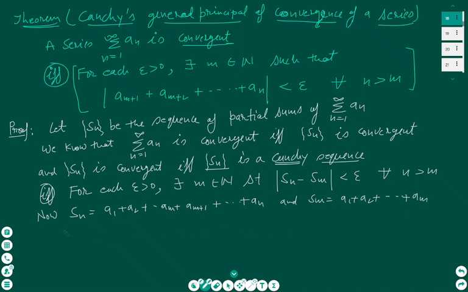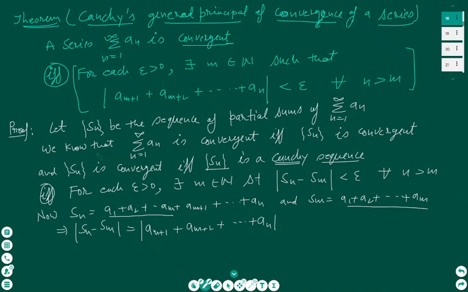So Sn minus Sm is equal to, if you subtract a1 plus a2 plus a3 up to am from these terms, what remains is a(m+1) plus a(m+2) plus up to an. This is Sn minus Sm.